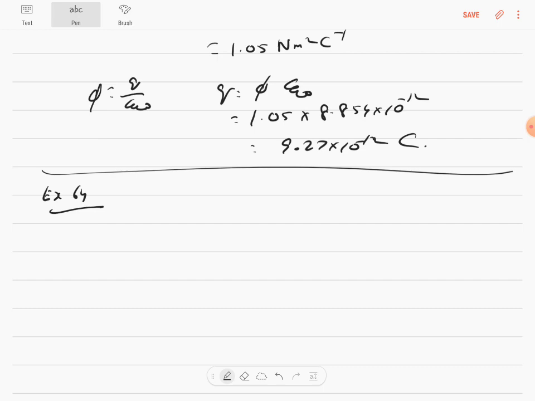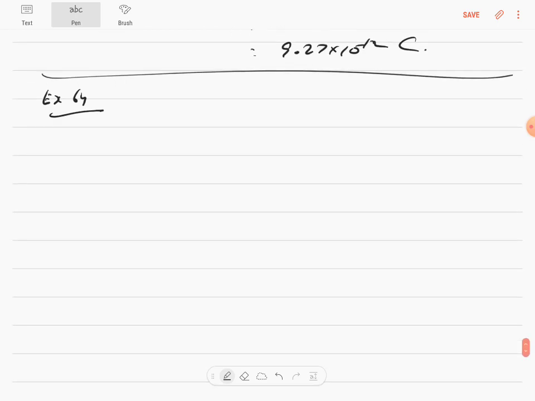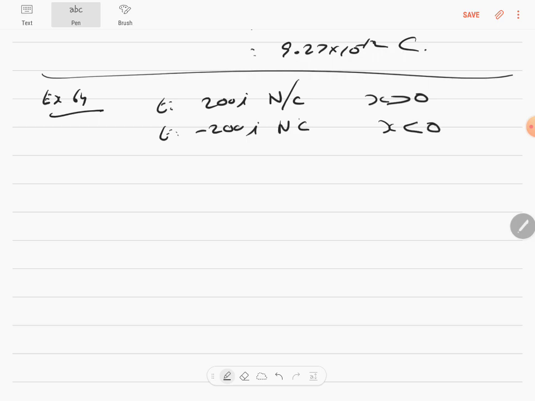So electric field will be negative for the negative x axis and positive for the positive x axis. Okay, so then E is given to be 200 i Newton per coulomb when x is positive, and E is equal to minus 200 i Newton per coulomb when x is negative.